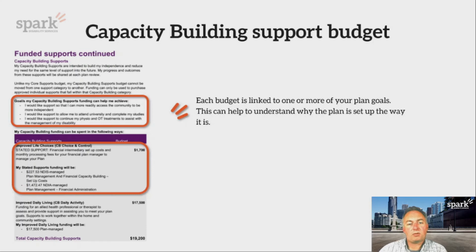We have an example of a stated support here as well. Perhaps you remember that the core support budget in this plan was plan managed, the $90,000. So the improved life choices support category, which is part of the capacity building support budget, is the support category in which funding for a person's plan management service is included.